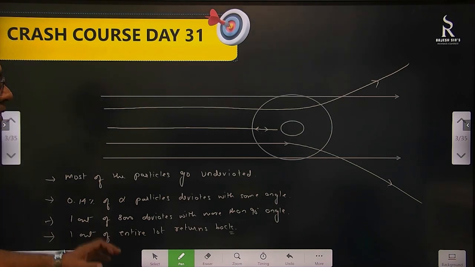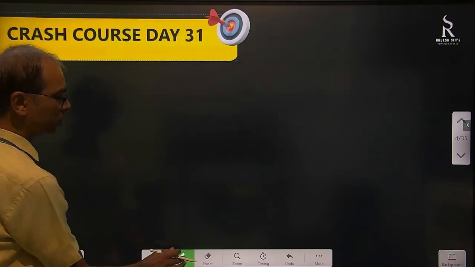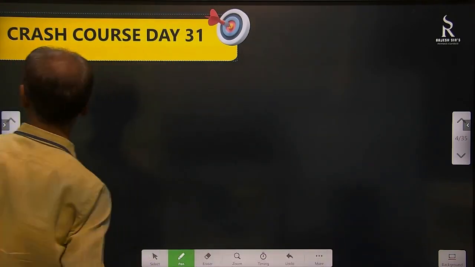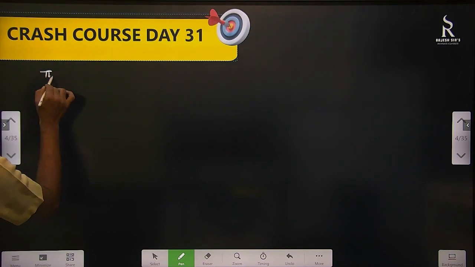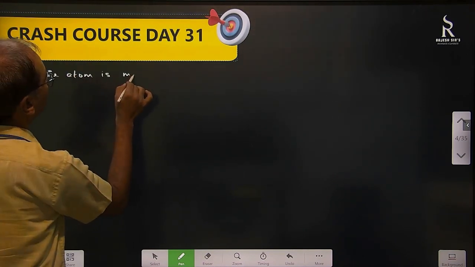Then what he concluded. First conclusion: the atom is mostly empty.